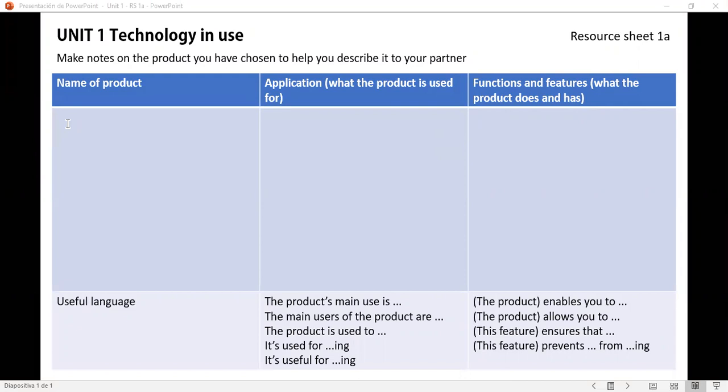You can choose either to talk about a product that you make or create or use at work, or in case you say, I don't use machines or I don't use equipment or something like that, you can talk about any other product that you want, but you know how it works, like functions and features. So it's your decision.